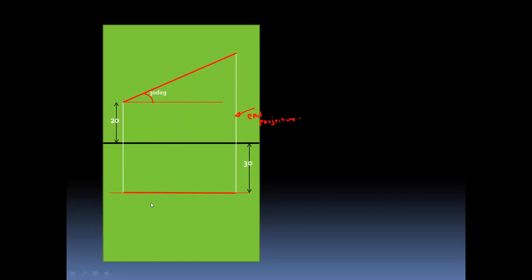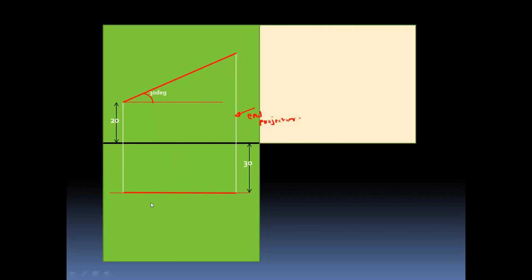Now we have to prepare the side view. So you can take one more plane, that is a profile plane on the right side. Then draw the 45-degree line in this space, that is the fourth quadrant. Now take the projection from the front view and from the top view.